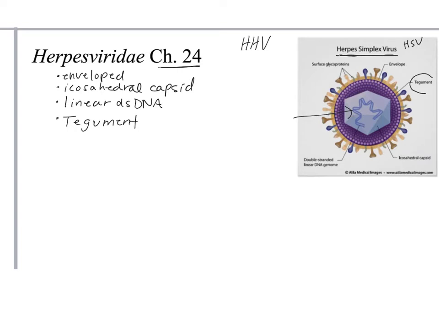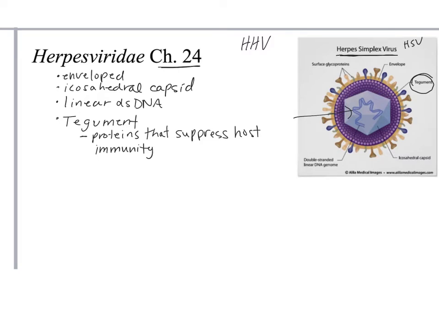So you can see that's over here. It's kind of the purple circles there in this graphic. The Herpesviridae are not the only viruses that have a tegument, but it's quite prominent in Herpesviridae. What is this? These are proteins that it carries with it that are going to suppress host immunity.